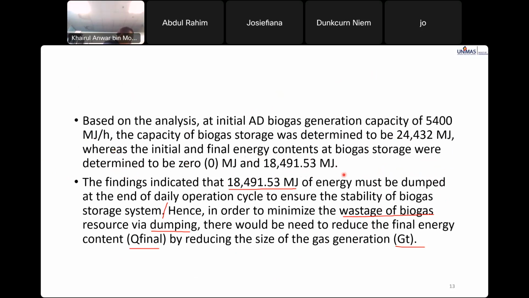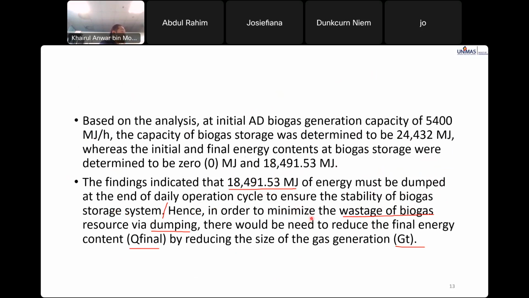So the capacity of the biogas here, refer back to table 5, is based on the highest value of cumulative energy. The highest value can refer to time slice 21, 24,431.51. The finding indicated that 18,421, this is the Q final, of energy must be dumped at the end of the daily operation cycle to ensure the stability of the biogas system.